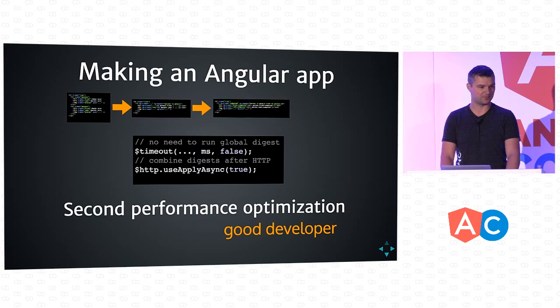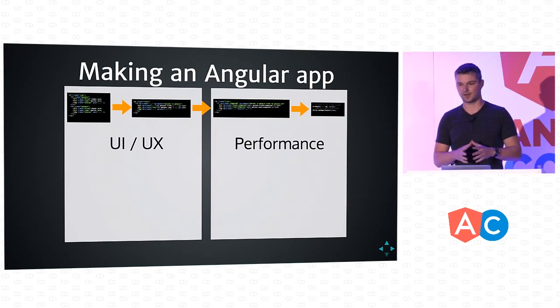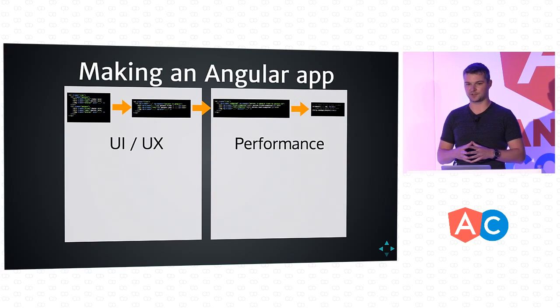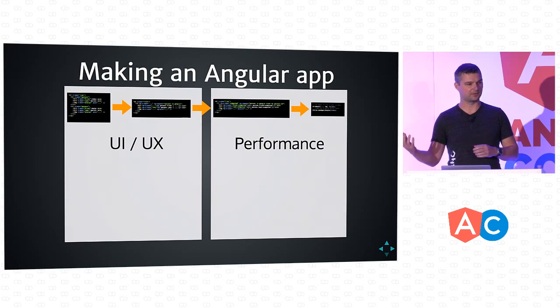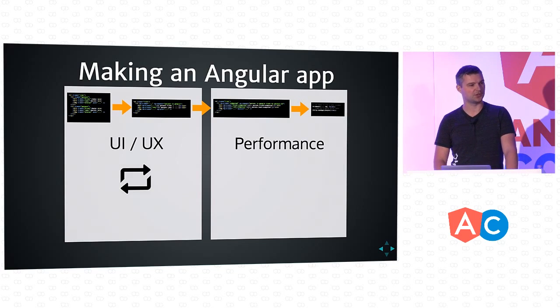And this is obviously done by a good developer. So if we look at UI and UX, the initial application development time versus performance optimization, we probably spend a lot of time on the former, because features come and go, and the UI layer changes a lot.